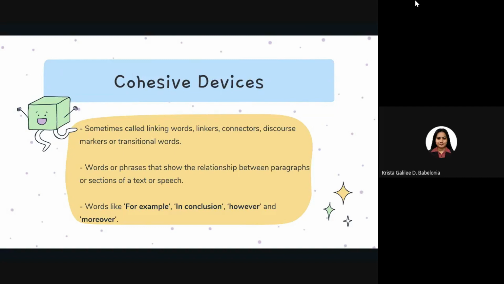Now, cohesive devices are words or phrases used to connect ideas between the different parts of text. And cohesive devices affect comprehension because they help readers integrate information between sentences in a text. The pronoun, synonym, or transition word is tied to a previous word, phrase, or clause, okay?